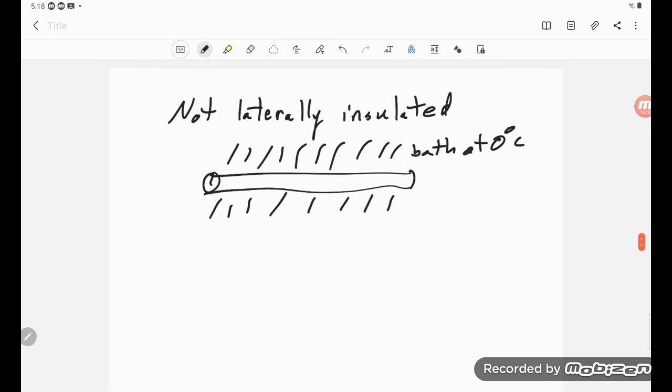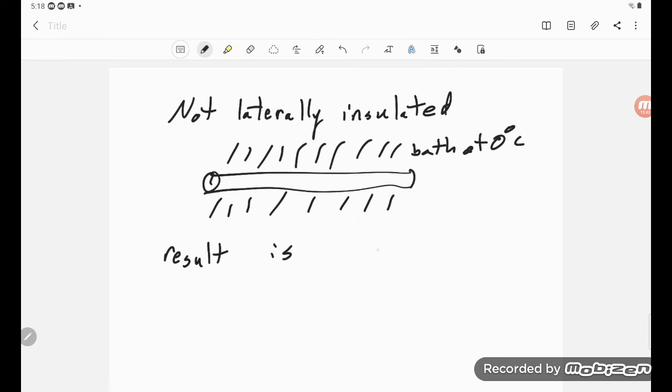Then they say the result is, and again, they're using that the heat flow in and out across the boundary is at a rate proportional to the difference of the temperatures.